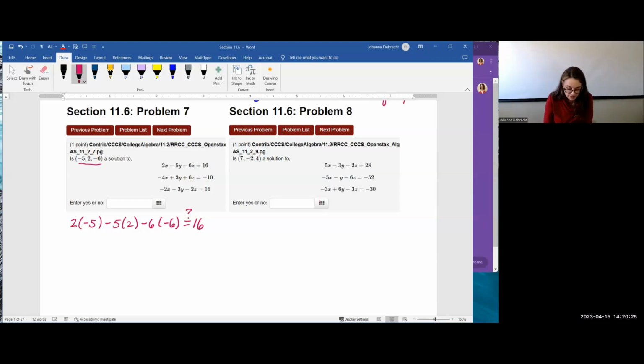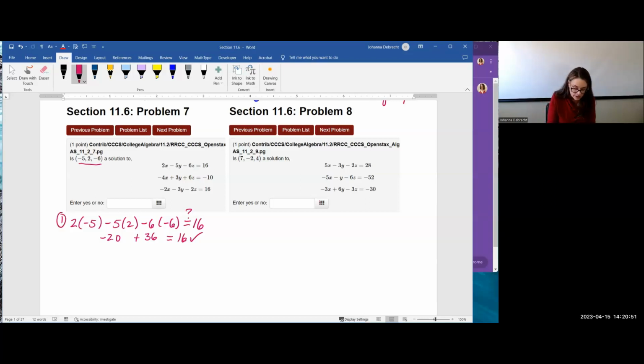So this gives me -10 minus 10, which is -20. And I'm in trouble because -20 plus 30, oh no, that works. So I have -20 plus 36. Yeah, that does equal 16. So it's on that plane. That doesn't mean it's a solution to the system. It's got to be on the other 2 as well.